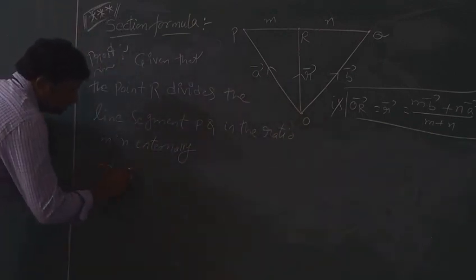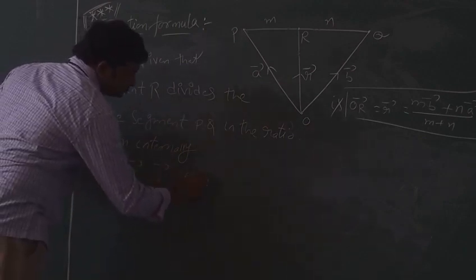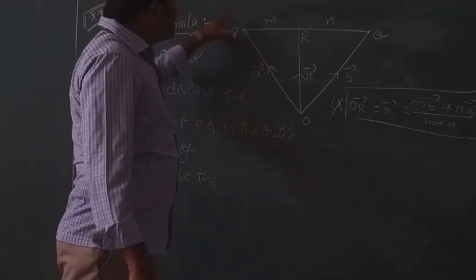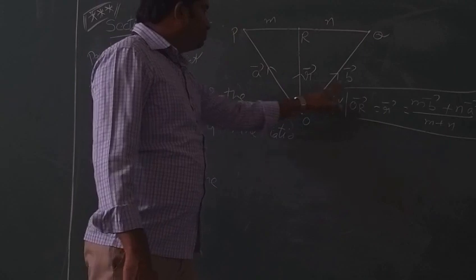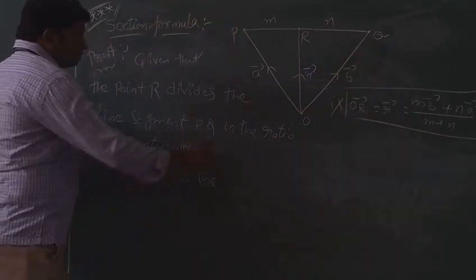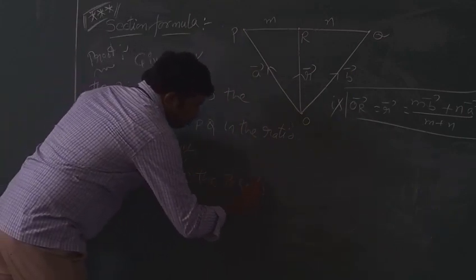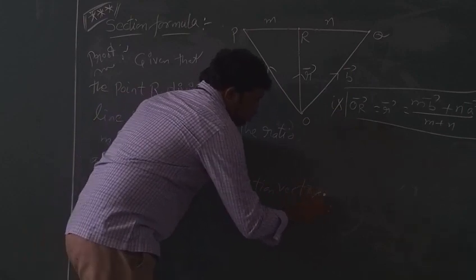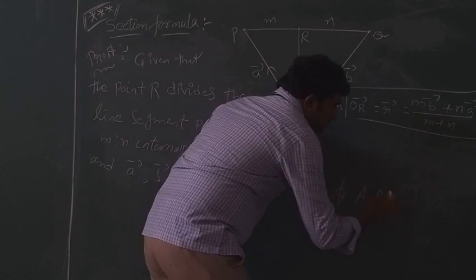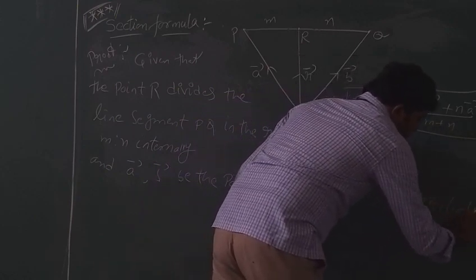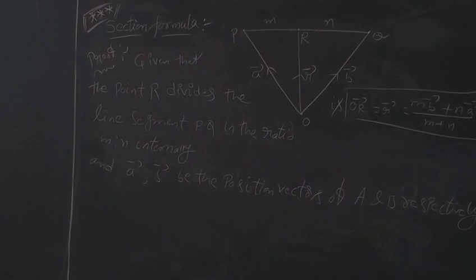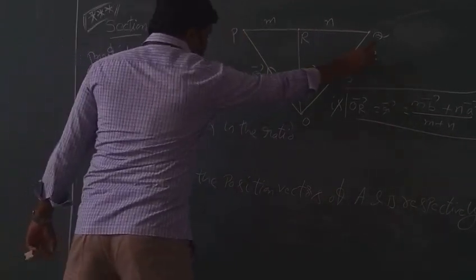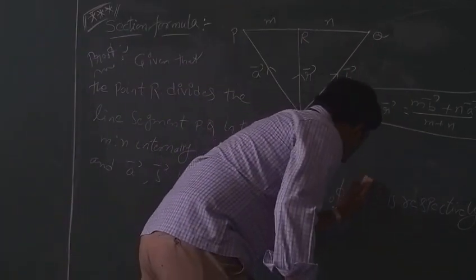Let A bar and B bar be the position vectors of the points P and Q respectively. A bar is the position vector of the point P, and B bar is the position vector of the point Q, because O is the fixed point from which directions are measured. Vectors are denoted by a small letter with an arrow over it.